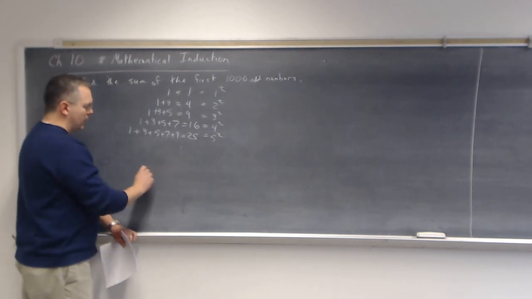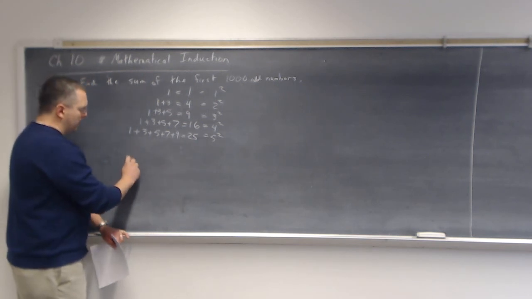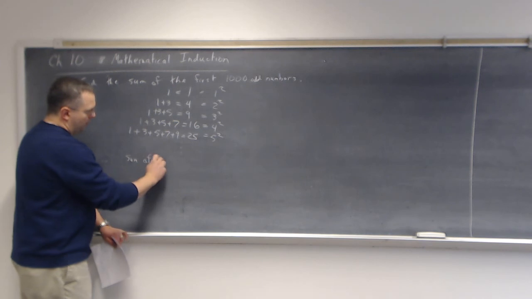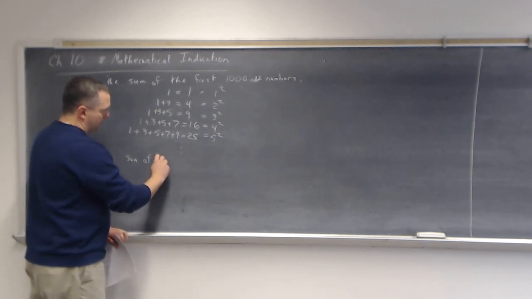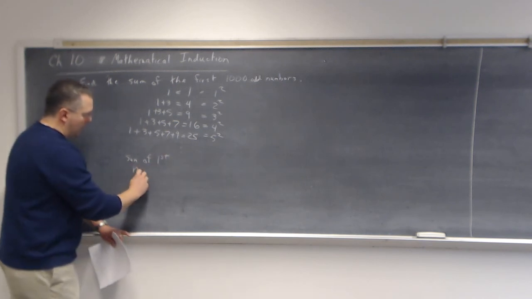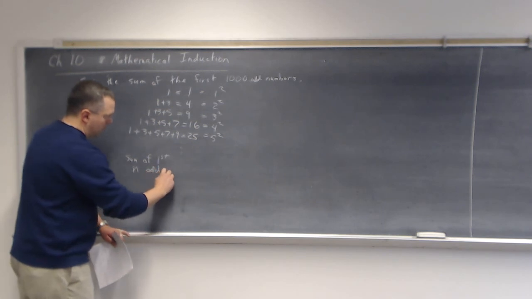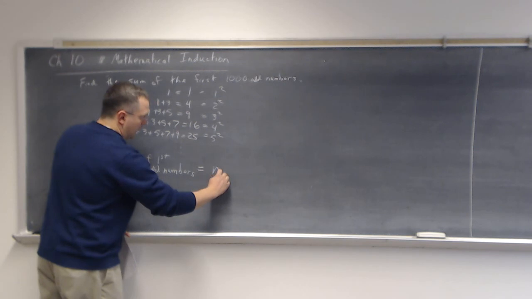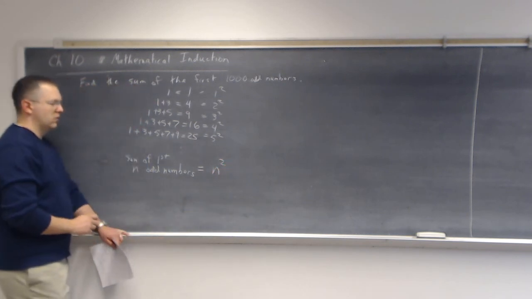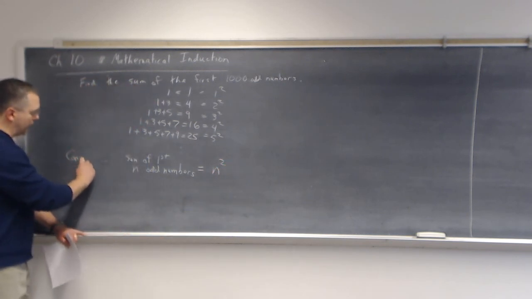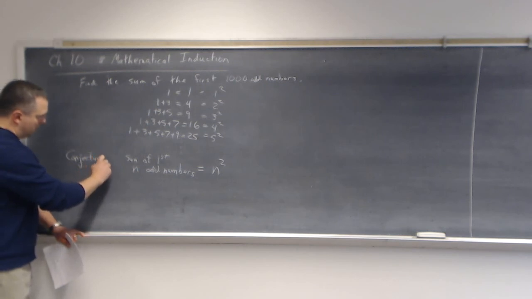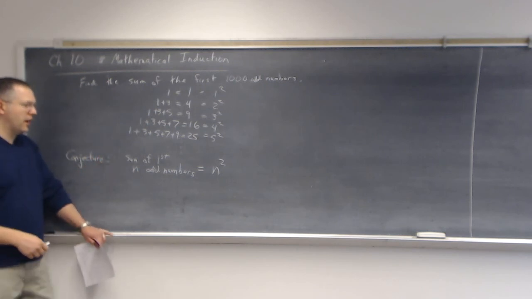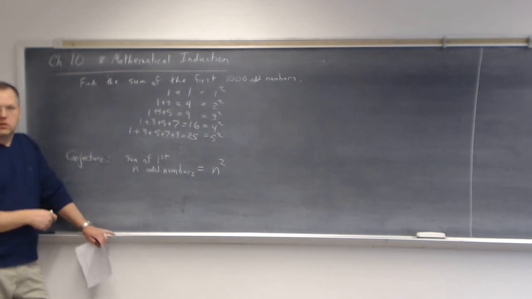So could it be that the sum of the first n odd numbers equals n squared? That's what we call a conjecture. It's like a hypothesis: I think it's true.